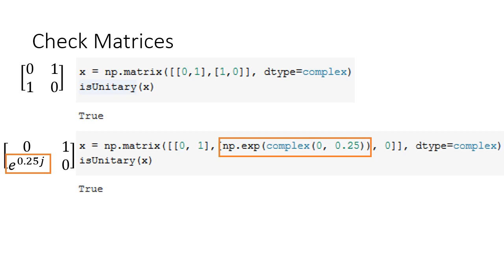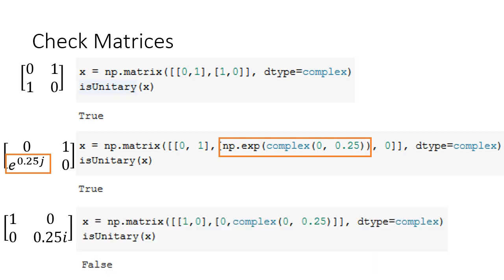And this matrix is also a unitary matrix. Lastly, we can define another matrix using the same function. And for this matrix, it is not unitary. You may try to compute by hand to check the result.